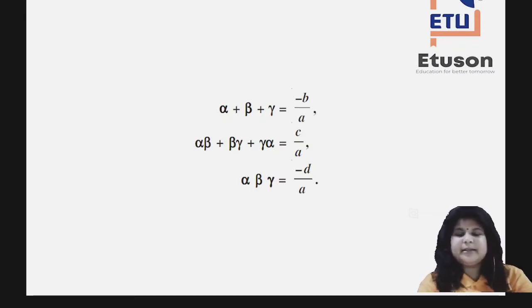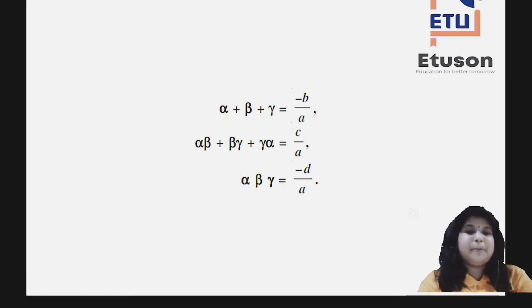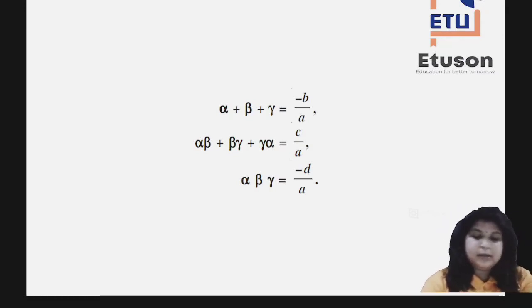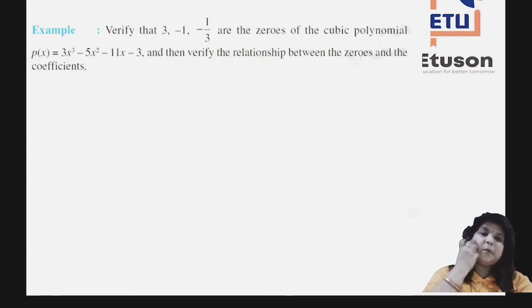And the product alpha beta gamma is equal to minus d by a. Where alpha, beta and gamma are the zeros of the polynomial. So we will now solve a problem using this formula. Okay, children?